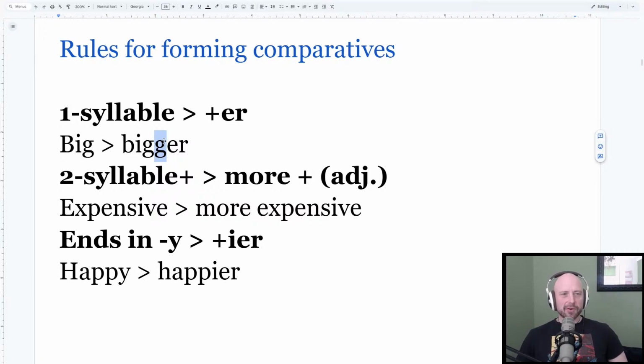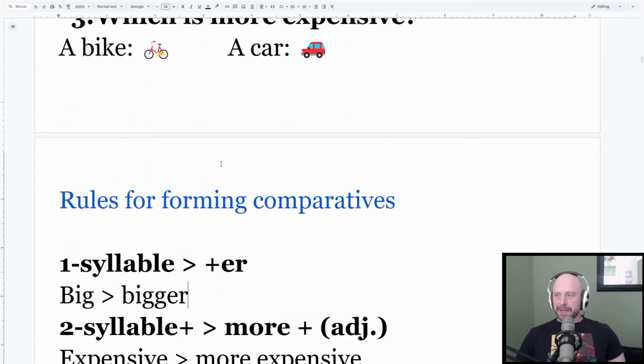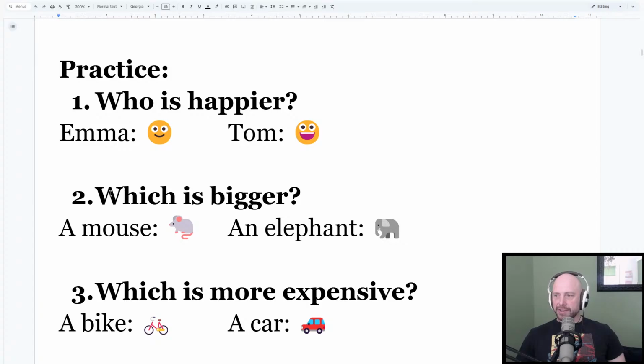That's just a spelling rule. And to be perfectly honest, spelling rules are one of the least important things to learn about English, especially these days. So if it's one syllable, big, then we add ER, and that's the comparative form, bigger. You can see it in the second question, which is bigger.